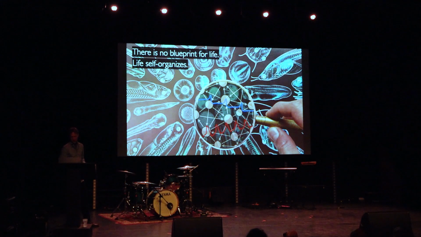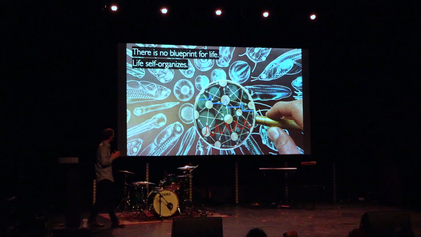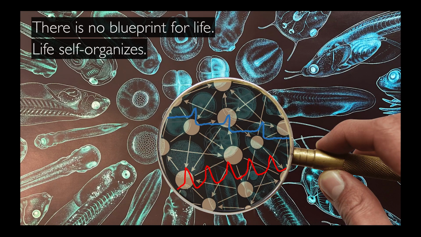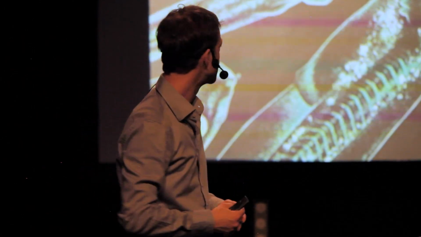So we often talk as if life follows a blueprint, or that DNA has some kind of plan that an architect made that we then use to make life. But I hope that this evening I've tried to convince you that this picture is not really complete.